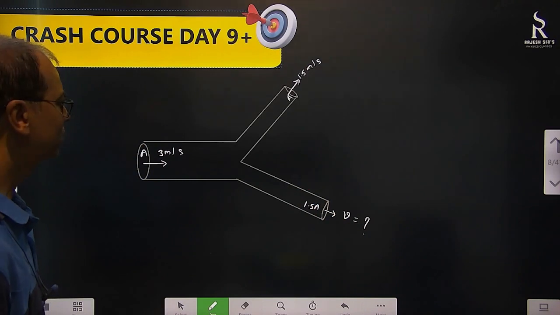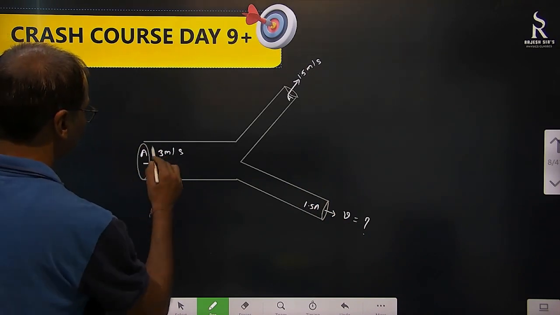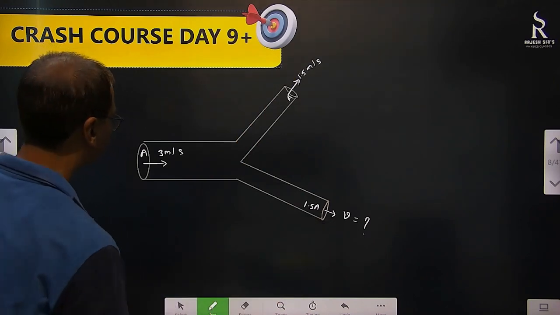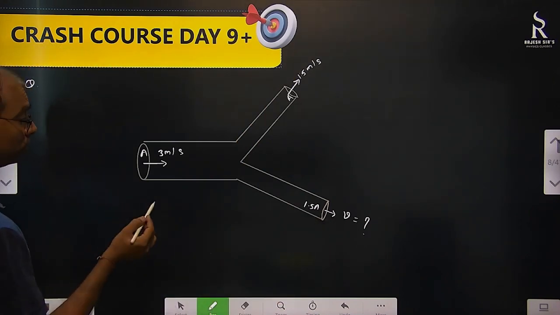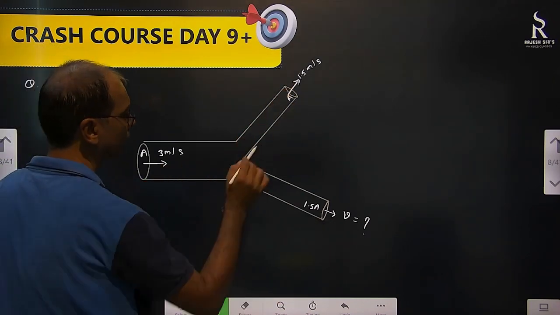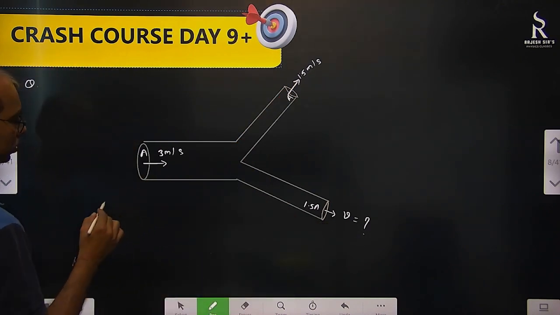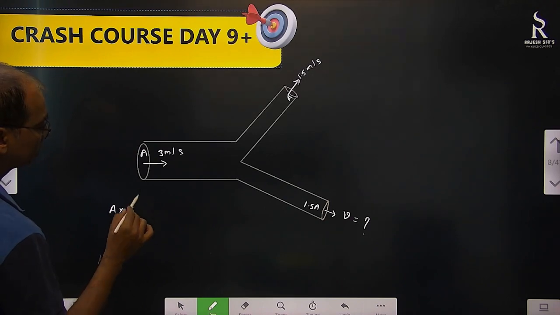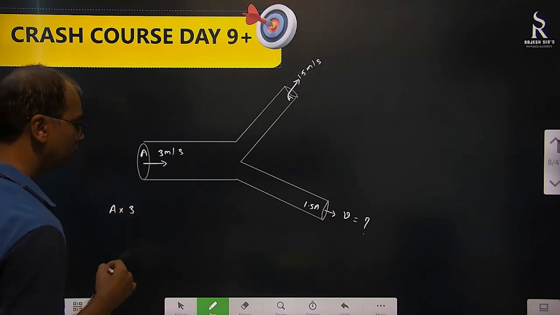So same conservation of mass only. Mass flow rate from here equals mass flow rate from here plus mass flow rate from here. Or volume flow rate from here equals volume flow rate here plus volume flow rate here. So A into 3, this is the volume flow rate at the entrance.